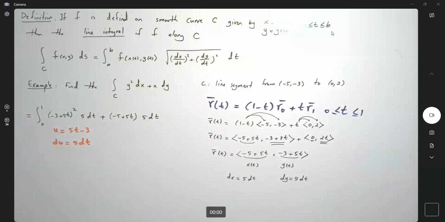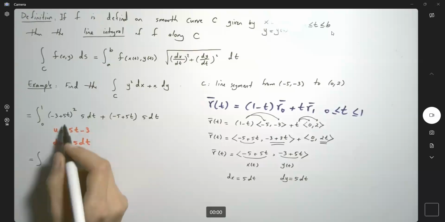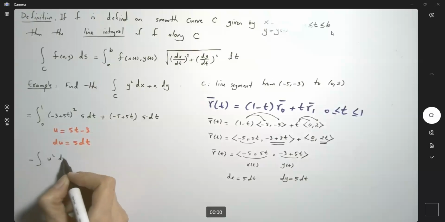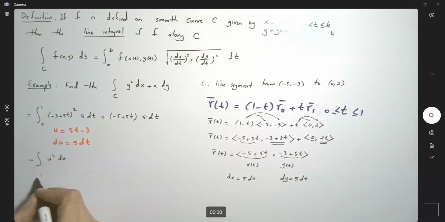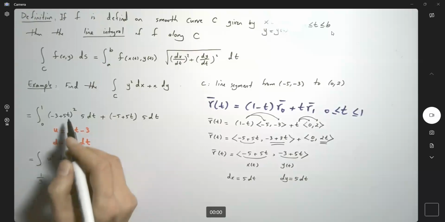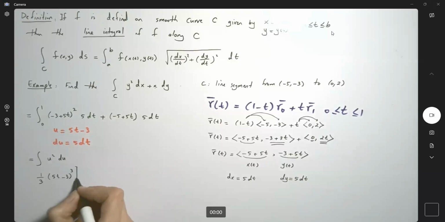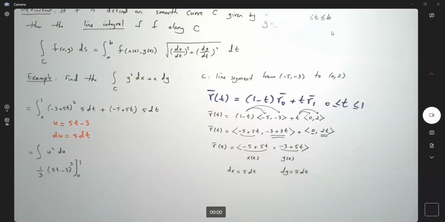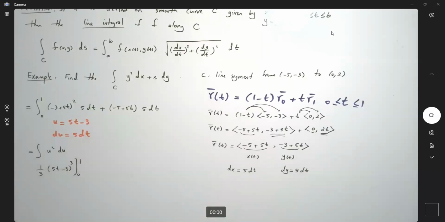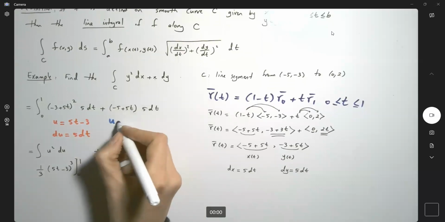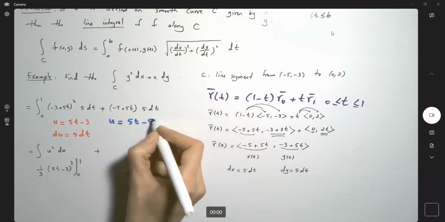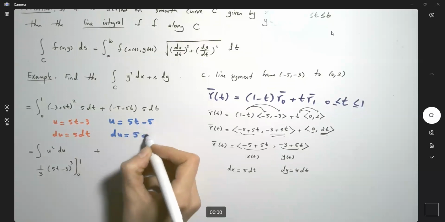So this integral can be written as the integral of u squared du, which is a third u cubed, but u is 5t minus 3, so I'm going to write down 5t minus 3 to the third power, and t ranges between 0 and 1. The same for this one here. I can take u to be 5t minus 5, and du is 5 dt.